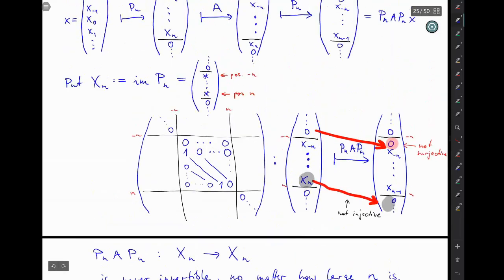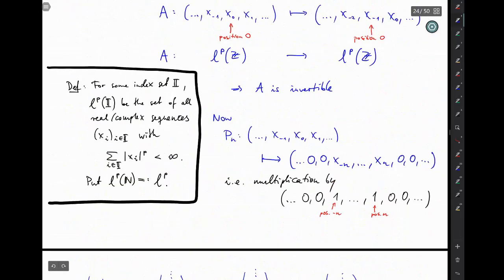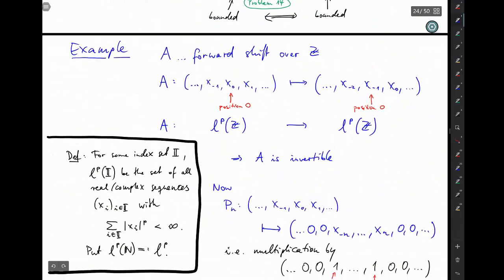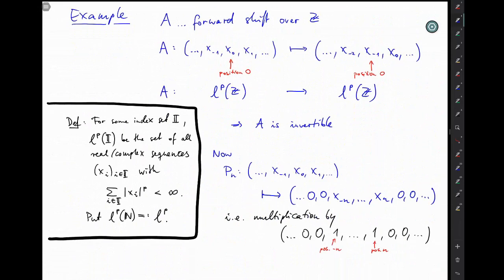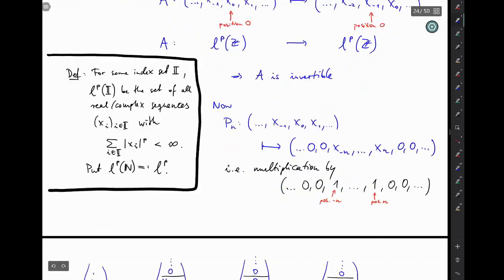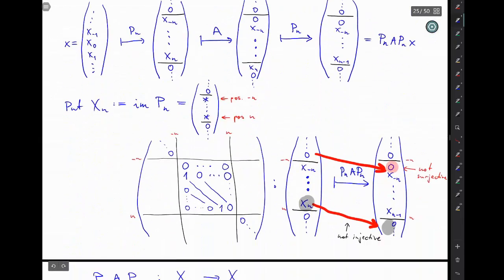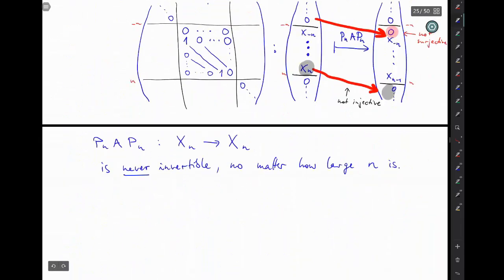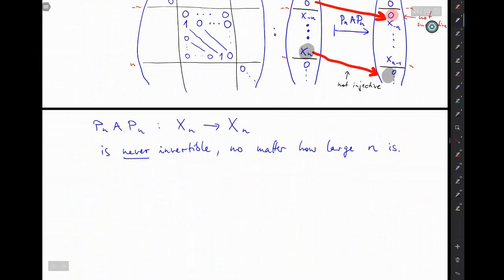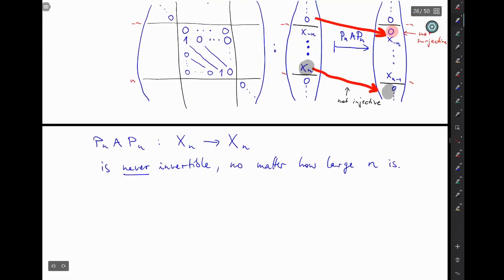So when we had an invertible operator like our operator A here, the forward shift, and as long as we used uniform convergence approximation, then your approximants will sooner or later be invertible. Well, these ones are not. So this particular approximation method, which is of course nothing but the finite section method, is not stable and therefore not applicable.